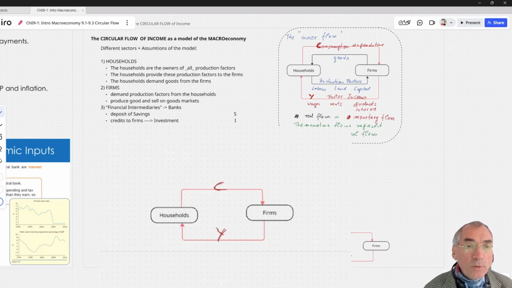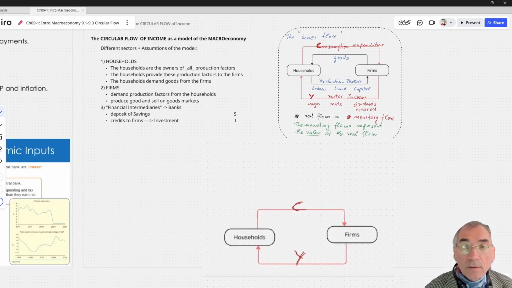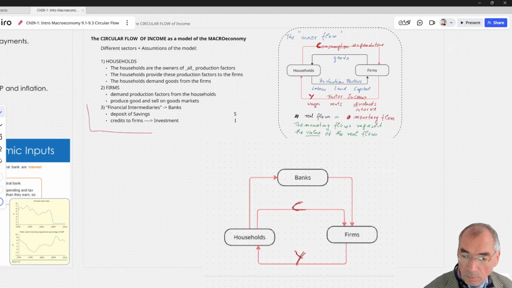The next sector, the financial intermediaries, or just banks, is added in this way. Concerning the definition, number 3 here, financial intermediaries, banks, have the role of taking savings, deposits of savings by private actors. These are mostly us again, the households, but also firms and governments deposit money at banks.